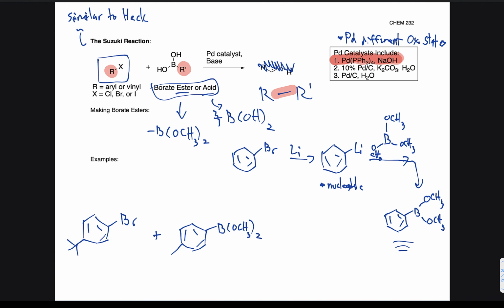And with those palladium conditions, this palladium tetrakis, or any of the ones I listed, are totally fine. Base here, we end up generating a new carbon-carbon bond, like this, with a methyl group in the back here.